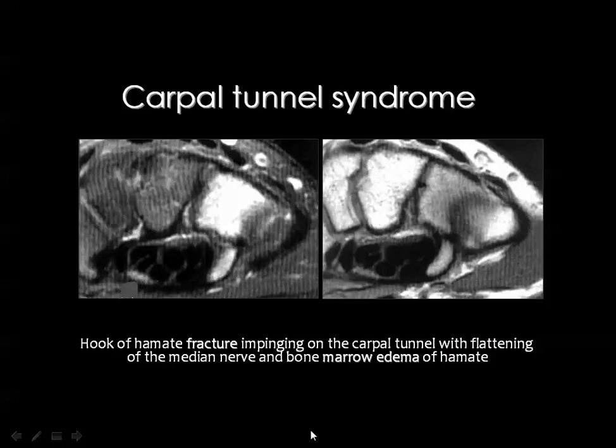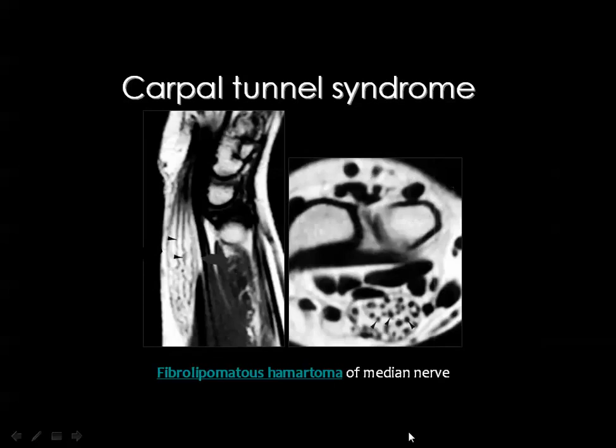And this is an example of carpal tunnel syndrome secondary to fracture of the hook of the hamate. There is flattening and increased signal of the nerve in the T2 weighted image. This is a known tumor of the median nerve, which is known as fibrolipomatous hamartoma. This fibrolipomatous hamartoma results in marked increase in the size of the median nerve.